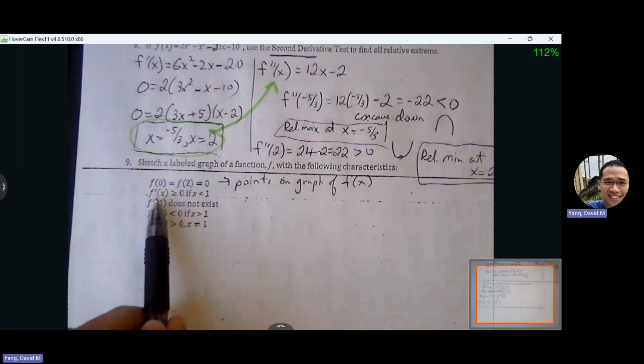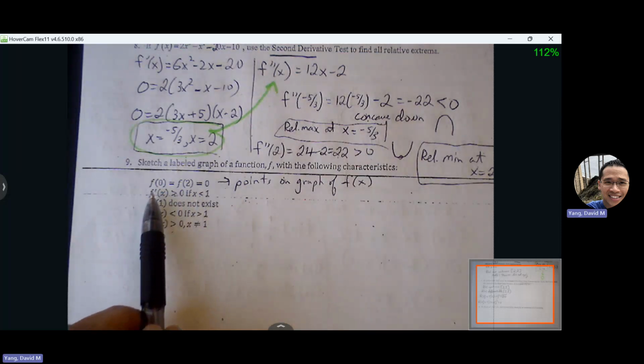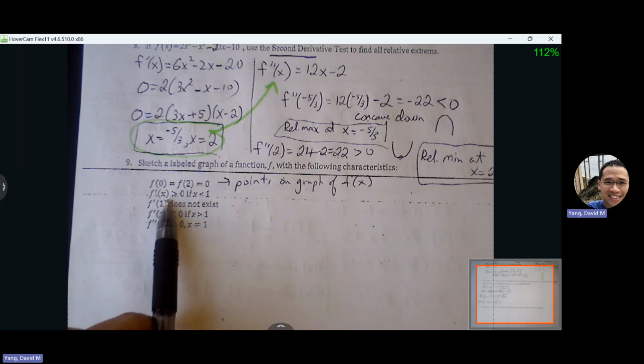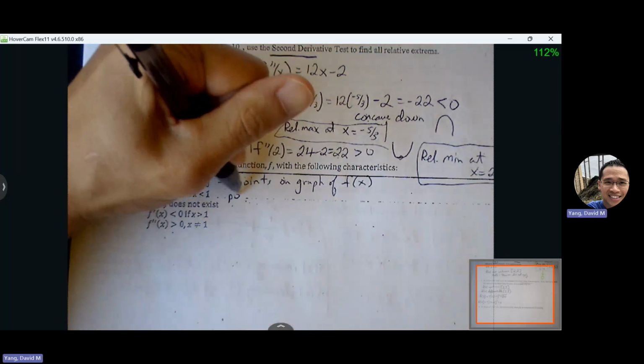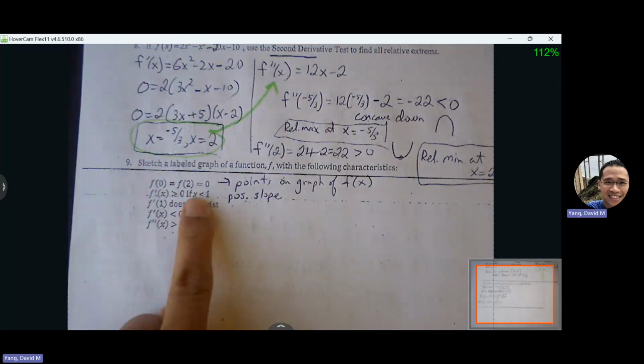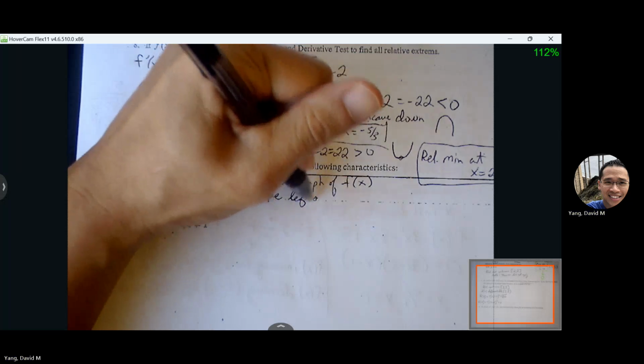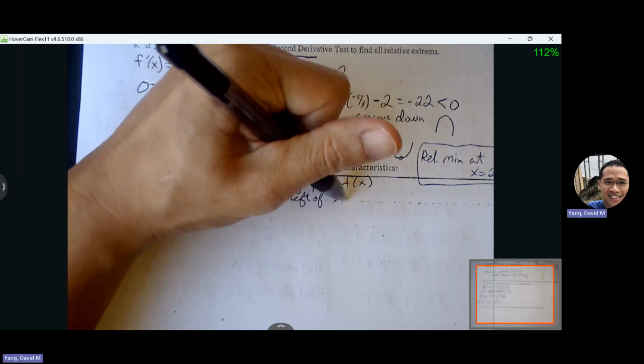Okay, can we phrase this in a way that we can visualize? f prime of x is greater than 0. What does that mean? Good. Positive slope. And where is the positive slope going to exist? To the left of 1. Okay, left of x equals 1.